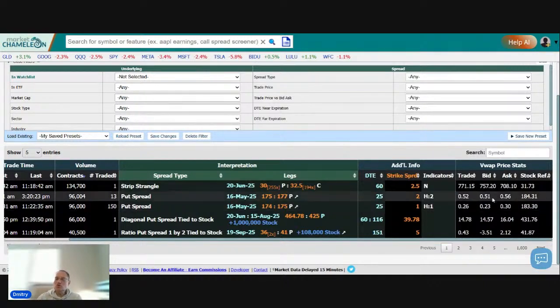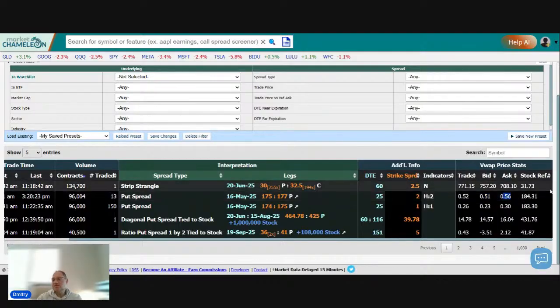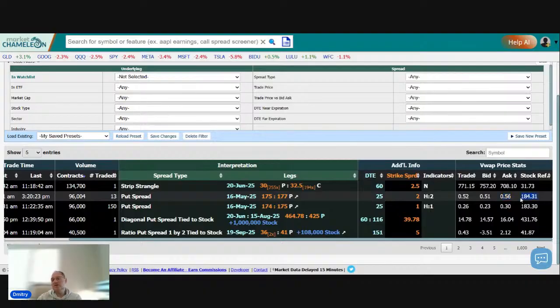This is also the bid and ask, also using the volume weighted prices, and this is the stock reference using the volume weighted prices, all the same methodology. So now we get a sense of what happened in this put spread. It looks like the majority of the volume traded closer to the bid at the time, 52 cents versus the market of 51 cents, 56.